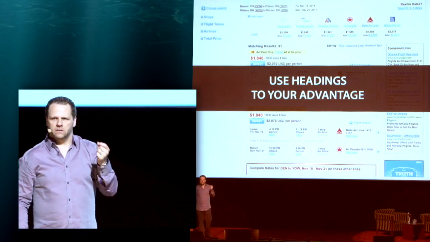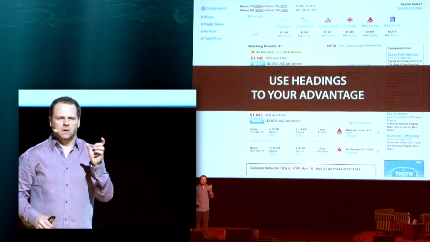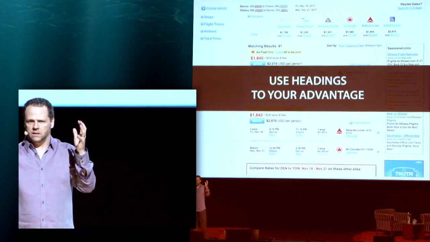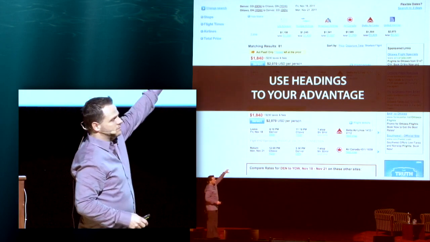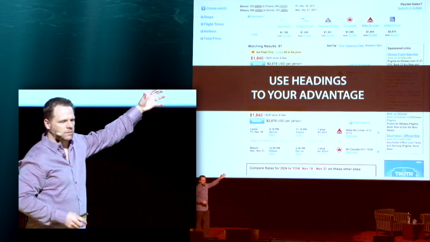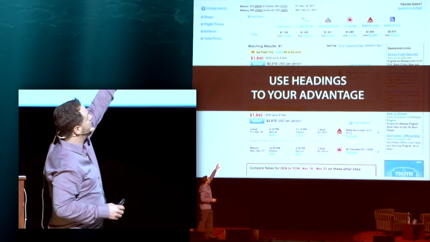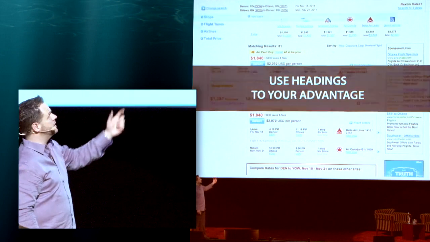We design for quick consumption. One of the best things that you can do is to put meaningful content in headings. We always have headings in documents, but one of the things that we can do in an app-like interface, I know it's just a web interface, but something like this where we have the price, let's build that extra piece of information into the heading.